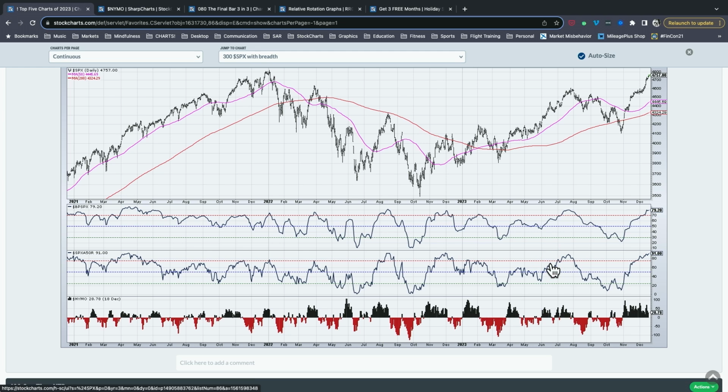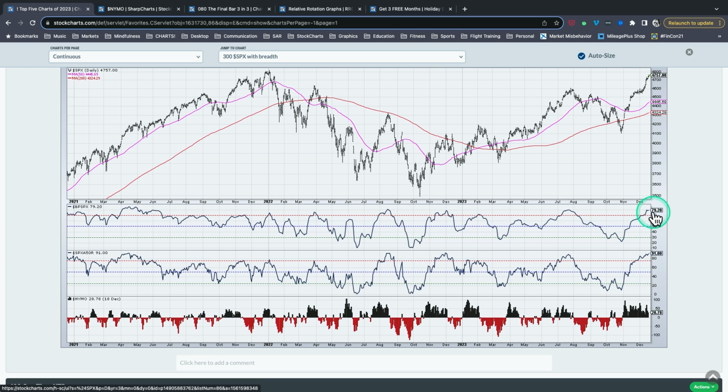That tells you this is more of a narrow advance driven by the mega cap stocks, the Magnificent Seven trade. Now, I don't think you can describe this market this way, right? As the S&P is testing all-time highs around 4,800, these indicators are getting very overheated. So it tells you that this is a broad advance. Most things are going up, it's not a narrow advance. So that's the first thing I think you can take away from this chart here in December.